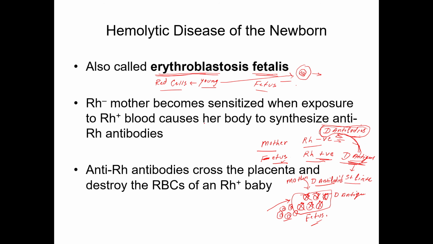In subsequent pregnancies, the chance of erythroblastosis fetalis increases. In a third pregnancy or fourth pregnancy, the chance is even more. Now, what happens in erythroblastosis fetalis? You already know that the destruction of red blood cells will do what? Will release the hemoglobin, and hemoglobin is converted to a yellow pigment called bilirubin.